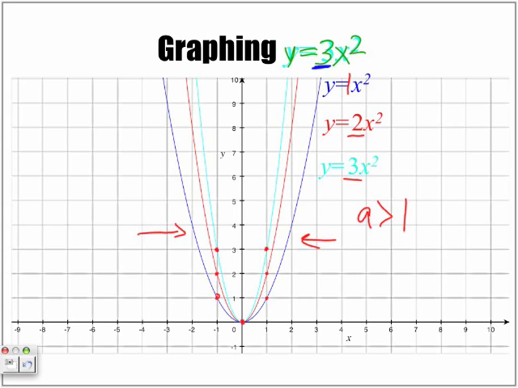So notice here, in terms of the parabola, as the value of A got bigger than 1, the parabola started narrowing. Okay, it started narrowing, so it would narrow, but it would stretch vertically.